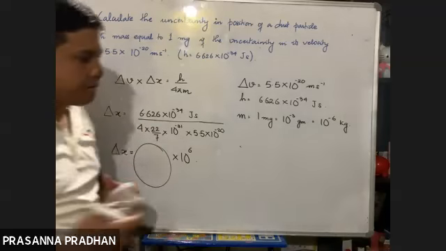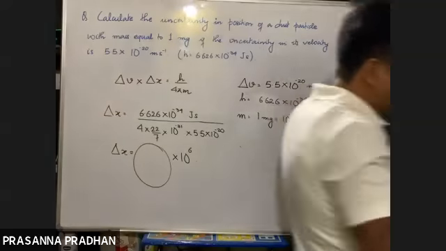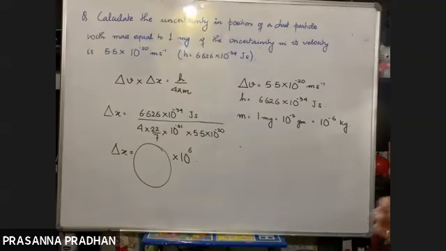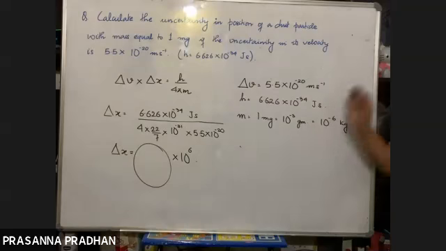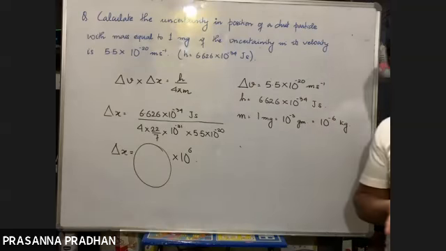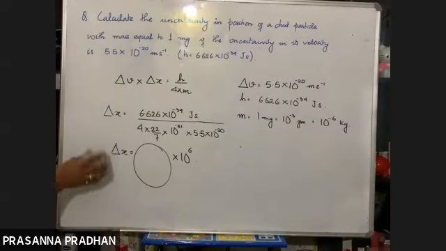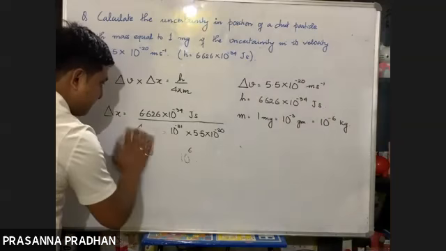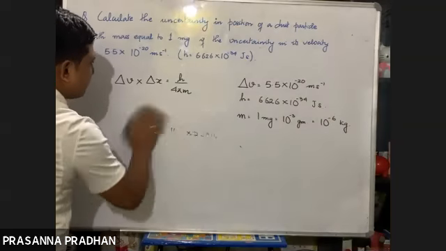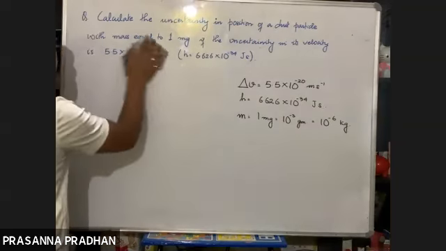So this Heisenberg uncertainty principle: we cannot accurately determine both the position and momentum of an electron simultaneously. It's not possible. Okay. So this type of problems might come, one or two. So remember the statement. Remember the equation of Heisenberg uncertainty principle.